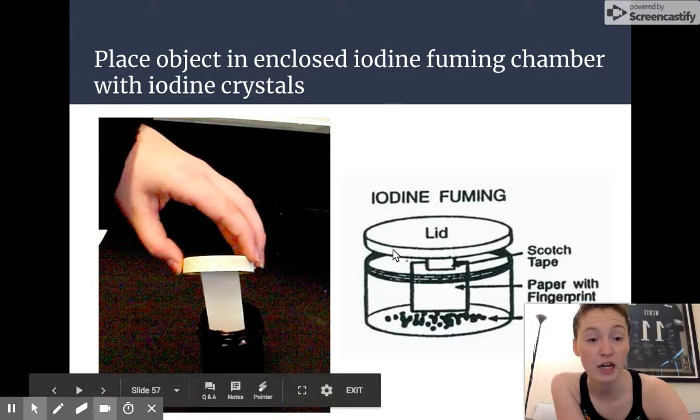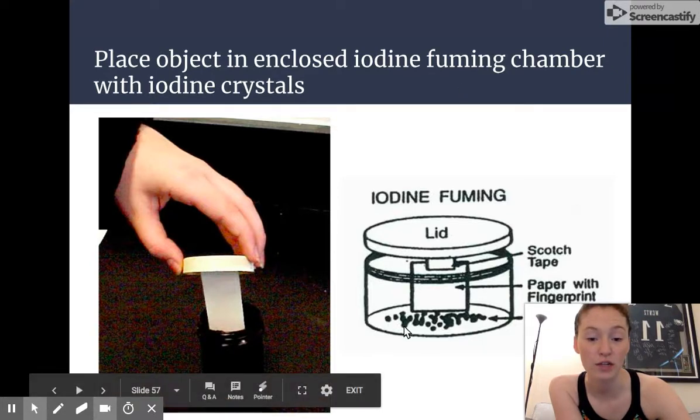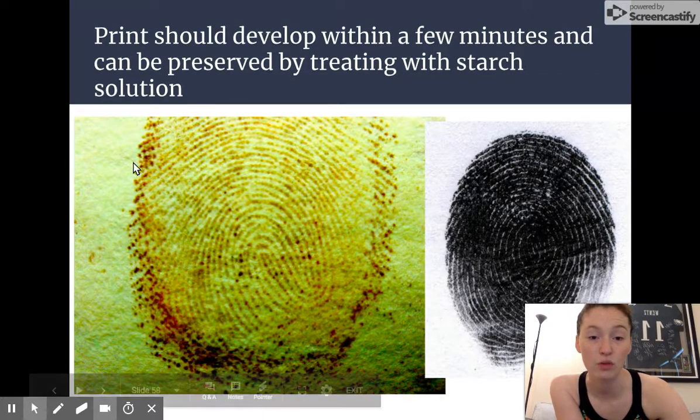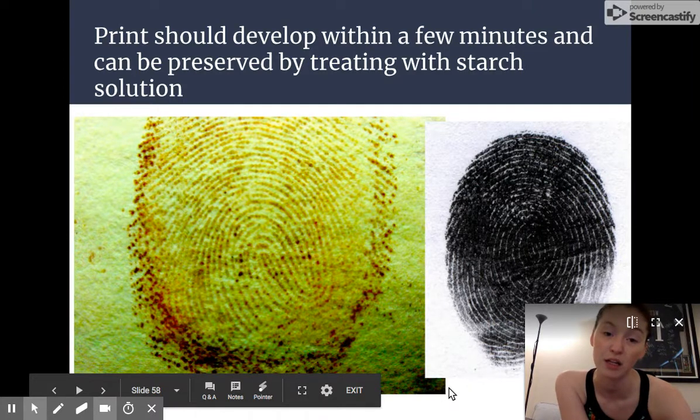You put it into a closed chamber because you're going to want the gases to be there. And this is going to be left with iodine crystals that are going to let off gas, and that will ultimately make a fingerprint visible. And you can preserve it for later use by treating it with starch, because when iodine comes in contact with starch, it turns a purpley black color.